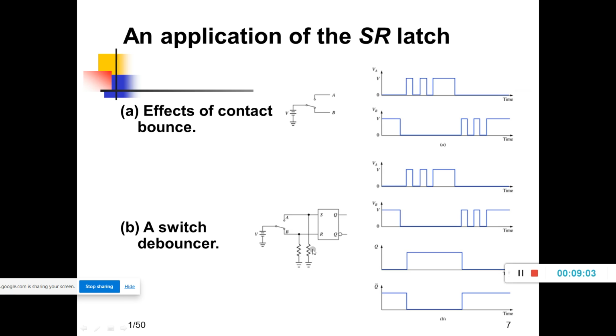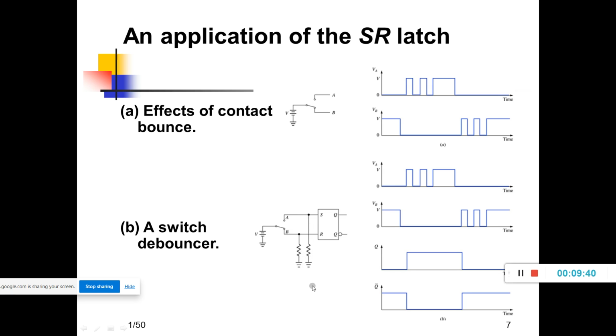You can see here students, there are two pull down resistors. Logic 0 is ensured at the S and R terminals of the SR latch whenever the center contact of the switch is not connected to either terminal A or B. Whenever the switch is open, S and R are connected to ground through the pull down resistors.